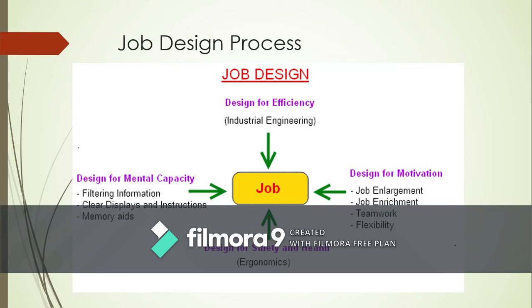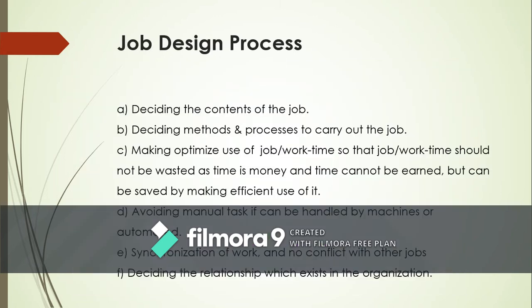Okay, so the basic four objectives that we discussed are design for efficiency, design for motivation, design for safety and health, and design for mental capacity. Going further, the design process.